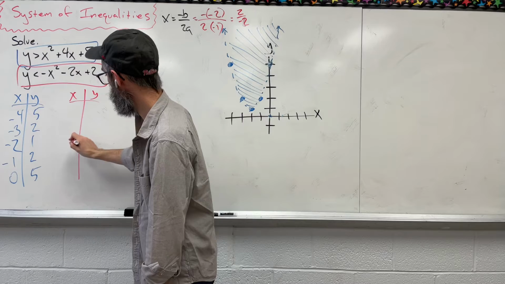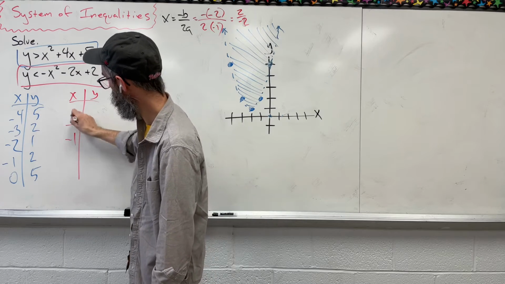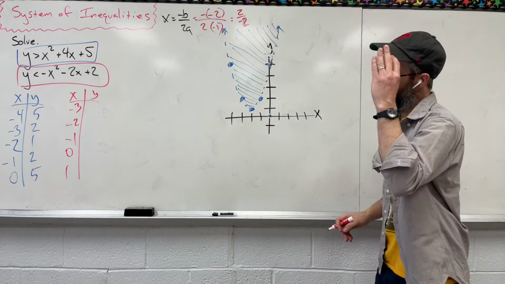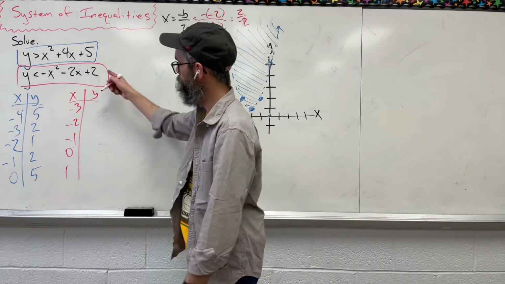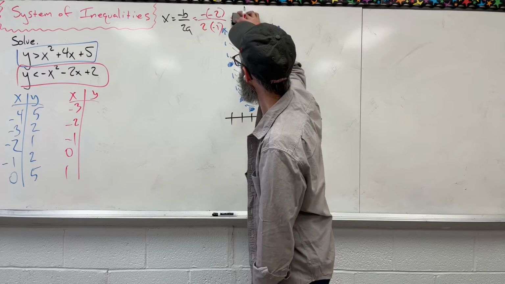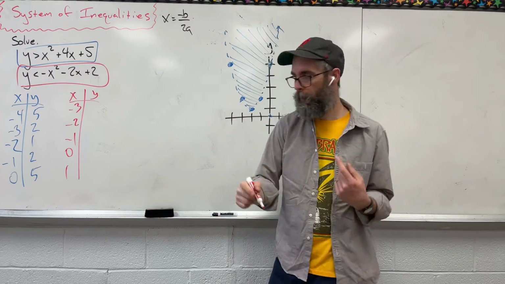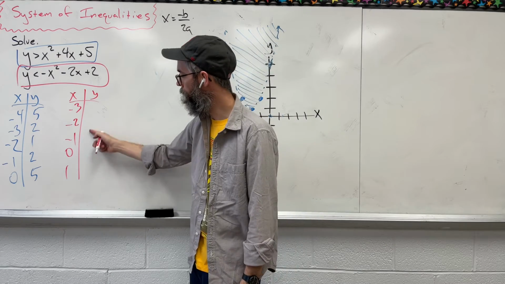That negative 1 goes in the middle. Go smaller, go larger. We now need to take those 5 numbers, substitute them in. But we don't actually have to substitute all 5 because we know that things are going to repeat themselves.